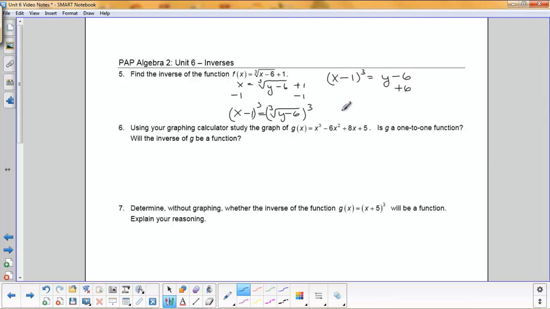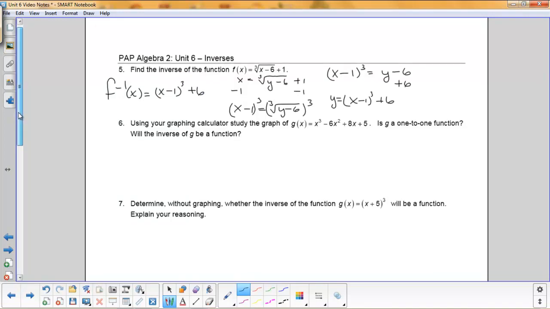Adding 6 to both sides will be my final step, and I get y equals x minus 1 cubed plus 6. And the final step of this process is to switch back into function notation, and that's going to be x minus 1 to the third power plus 6.